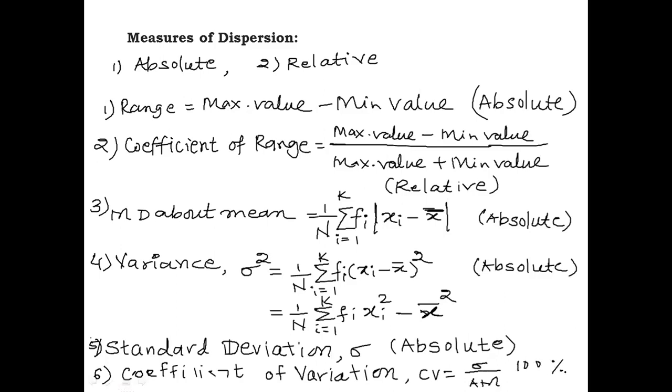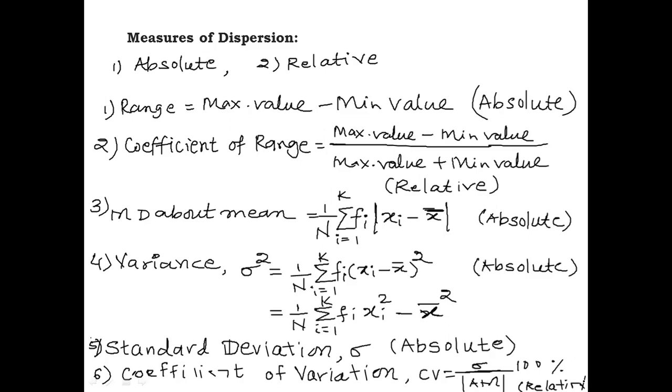So it is expressed in percentage. But it is quite possible that there might be some data for which the arithmetic mean becomes negative, so we take the absolute value. You can see that whatever unit the individual observation has, the same unit will be of sigma and arithmetic mean also. So that is going to cancel each other, and this is going to be a relative measure of dispersion.